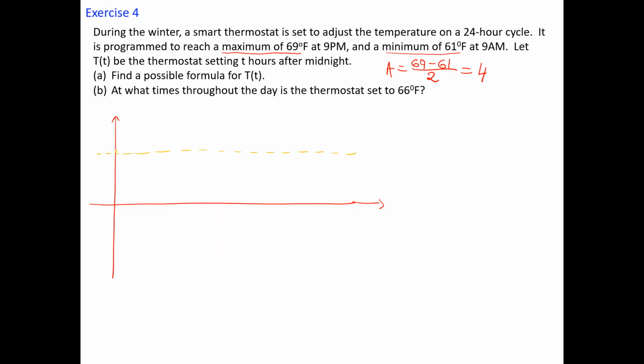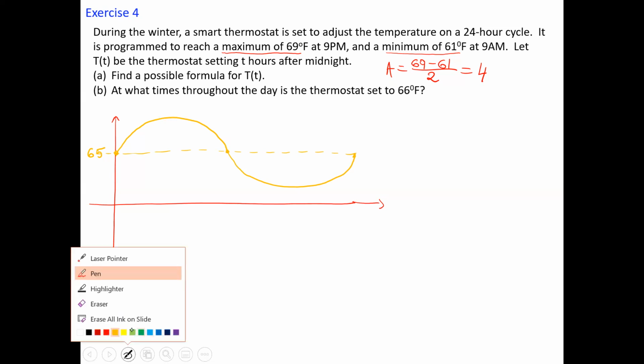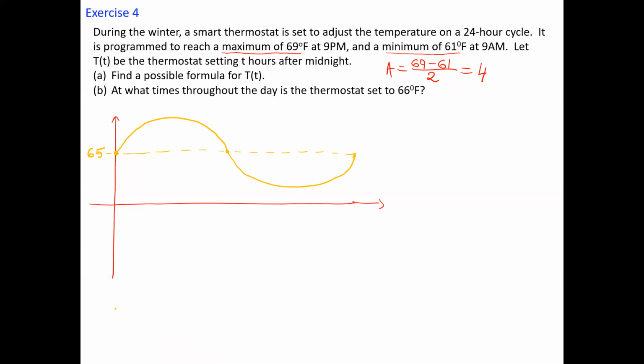Okay, I can start with this. This is 65. We know the sine. The maximum value is at 69, perfect, and the minimum value is at 61. Amplitude is 4.